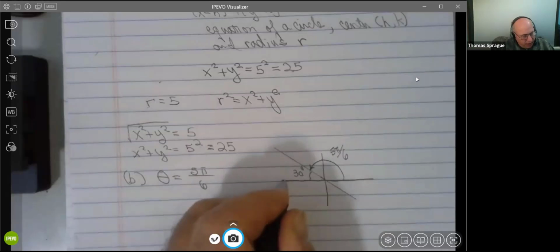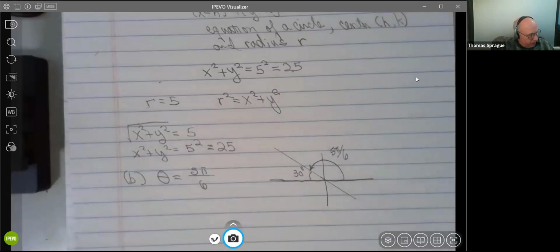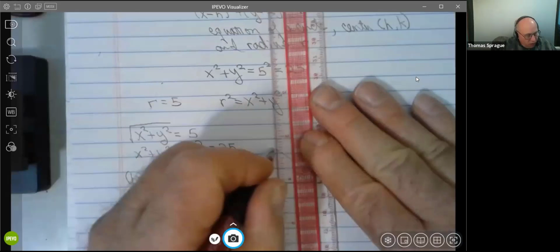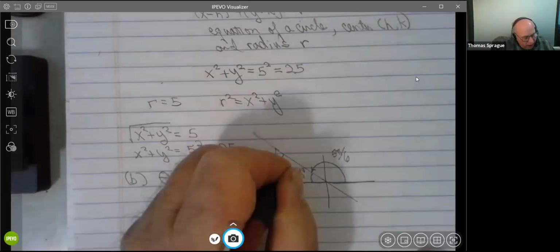So that means if we come out to just any old place, and now this line, of course, goes on. To any old place out here, we're going to have a 30, 60, 90 triangle.